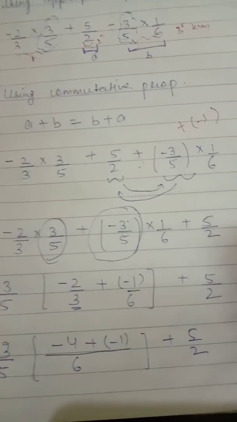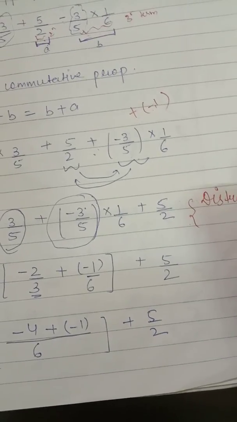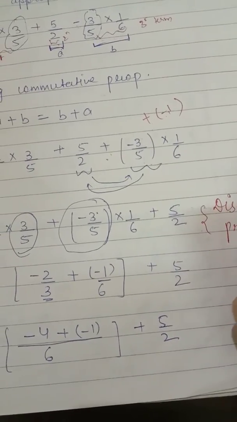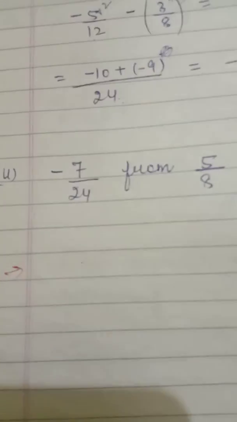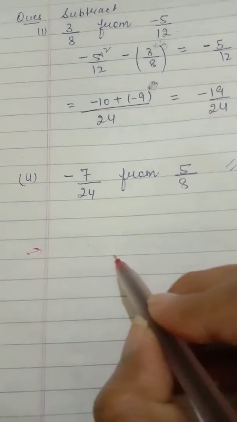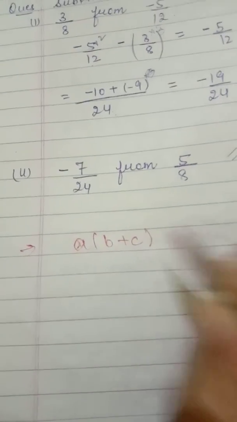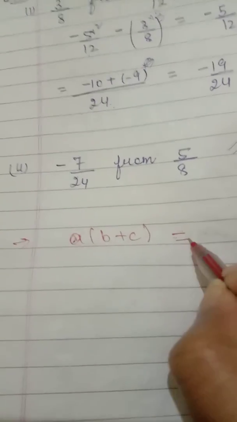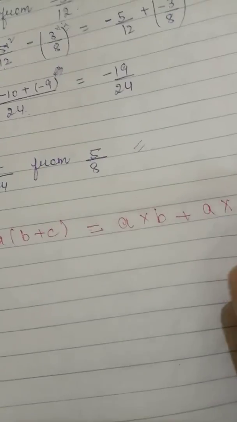Okay, here we are using one more property, that is your distributive property. And what your distributive property says, see here, is that it is one property under multiplication, and it says a into b plus c, if given in brackets, I can write it as a into b plus a into c.